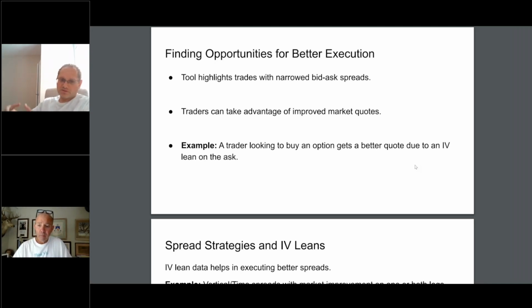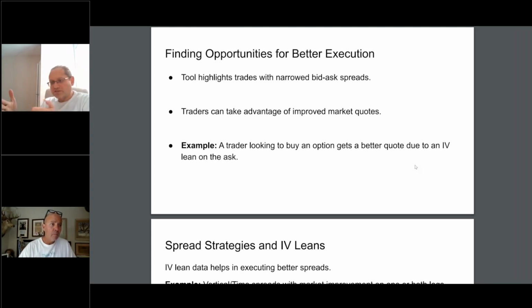So it could be on one side or the other, or both sides. For example, if you're a trader looking to buy an option, you would want to look for somewhere where there's an implied volatility lean on the ask side. So if the bid-ask quote narrows, you would want it to narrow from the ask side if you're looking to buy, right?